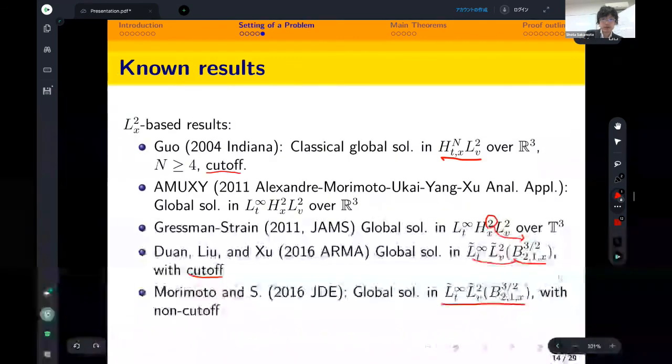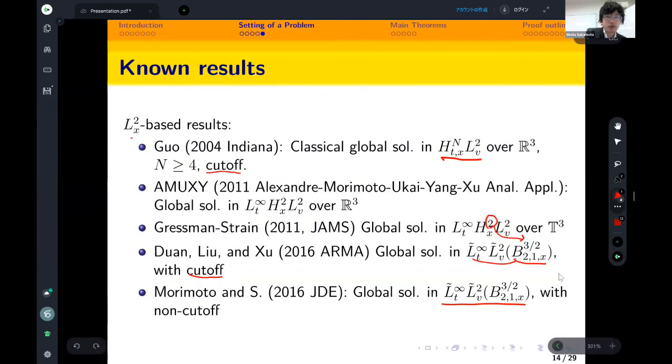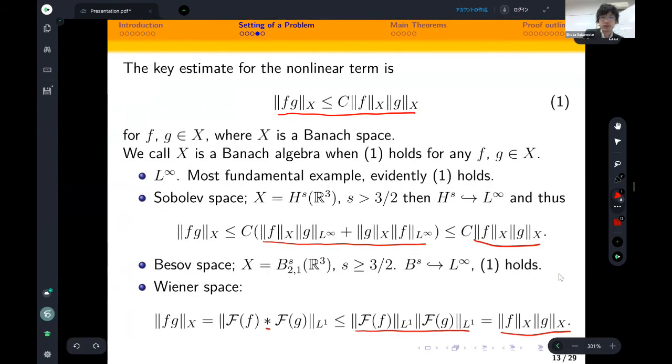I should remark that these are used using L2-based Sobolev or Besov spaces, and as I said, the reason why we have to use this kind of space was to use this condition. So we may think if we can use other kind of solution spaces satisfying this condition 1.